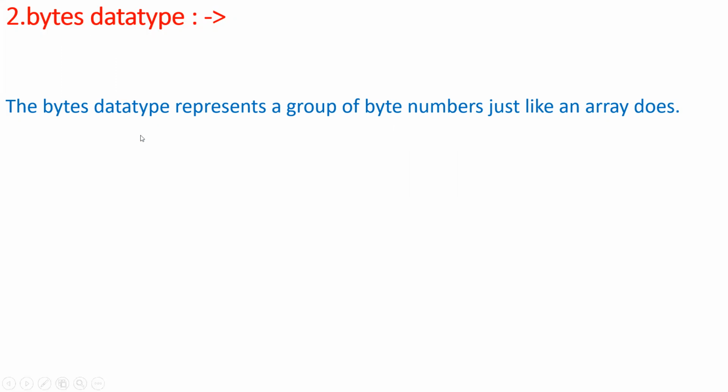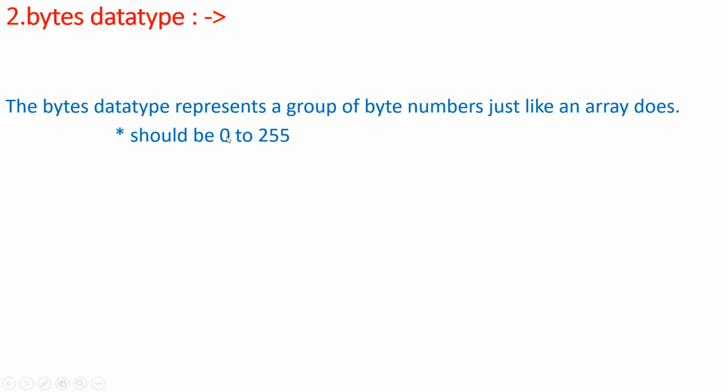Second point is that we have a range. What is that range? For each and every integer value, we have the range 0 to 255. You can't store a number greater than 255 or less than 0.